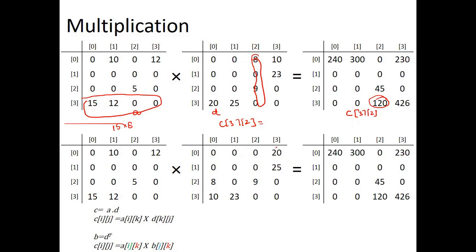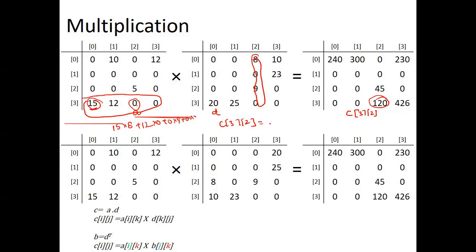You multiply the first entry by the first entry, 15 into 8, then 12 into 0, plus 0 into 9, plus 0 into 0. This is how you multiply element by element.